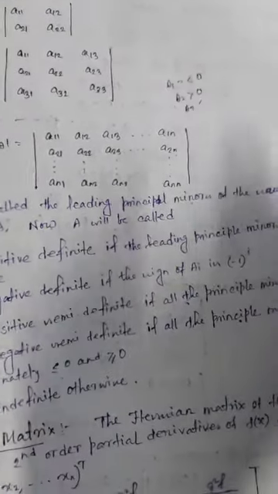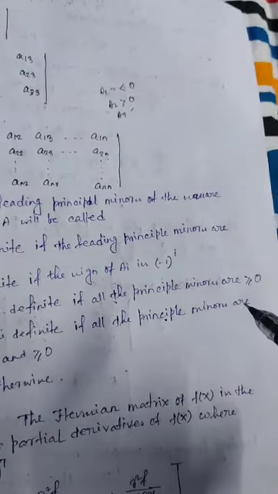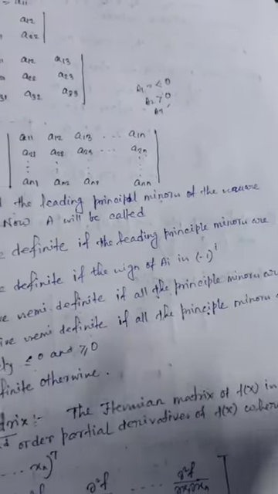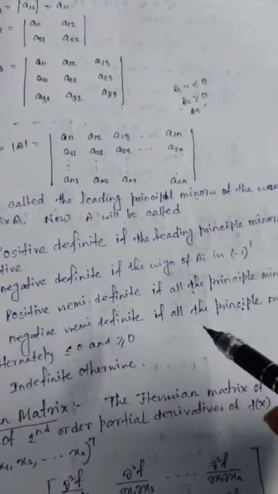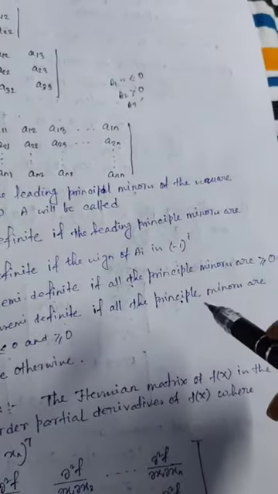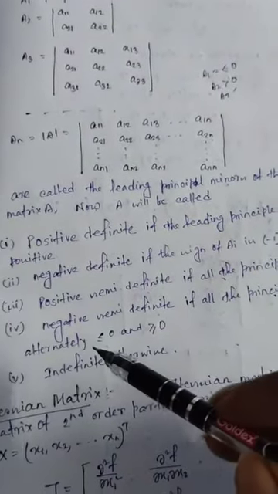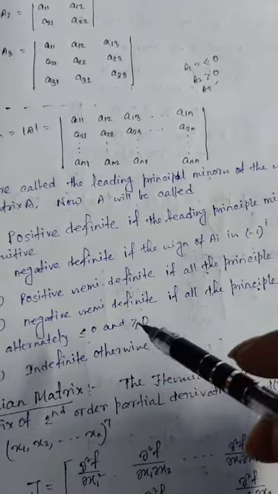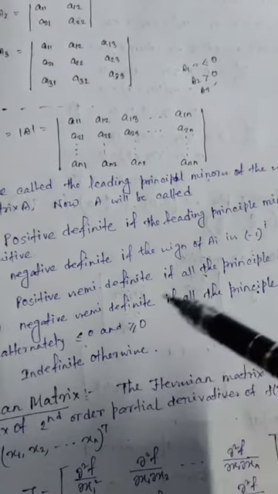It is positive semi-definite if all the principal minors are greater than or equal to 0, and negative semi-definite if the principal minors are alternately less than or equal to 0 and greater than or equal to 0.